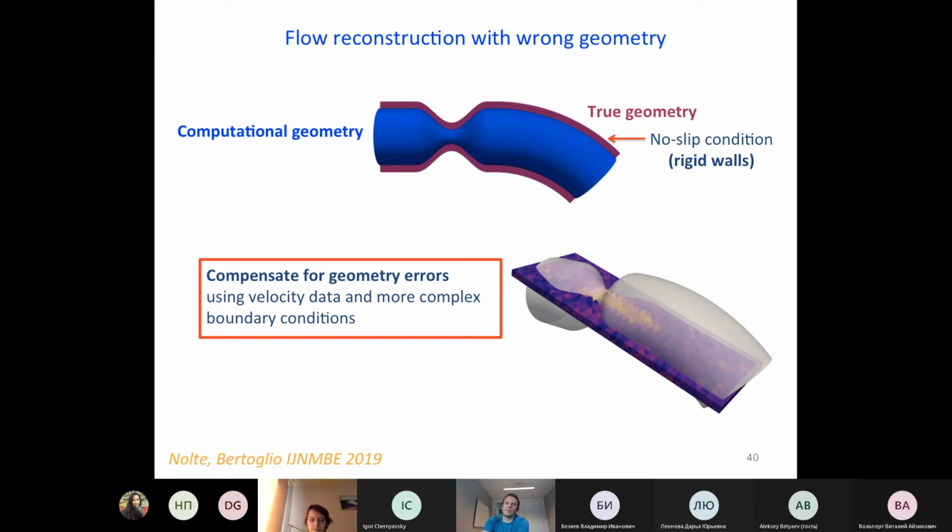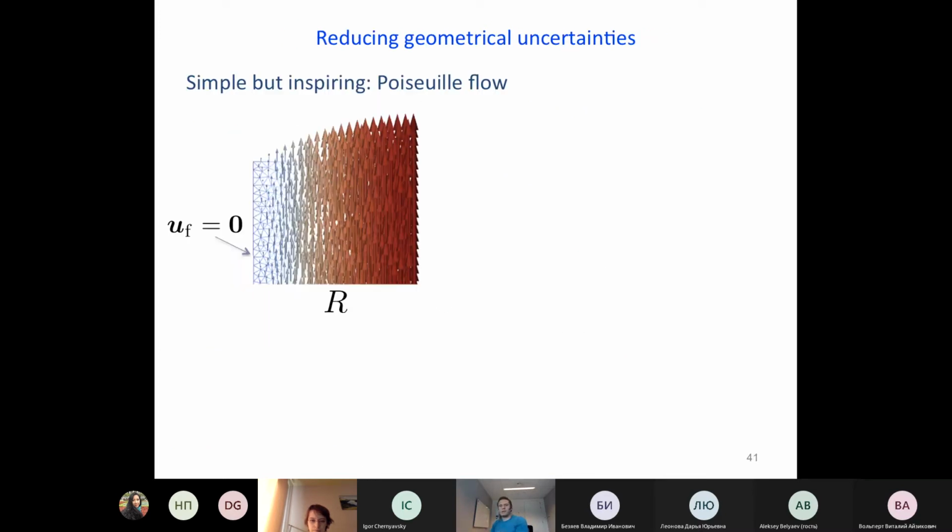And the answer is, well, we have to do something with the boundary conditions. So we would somehow use those velocity measurements to estimate boundary conditions. And the idea comes from the following example. It's a trivial example, so actually it's a good example for exams for students.